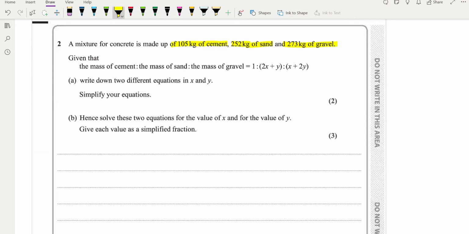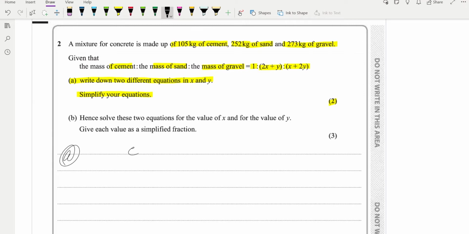Given that the mass of cement to mass of sand to mass of gravel is this ratio, the ratio is provided. Part A is to write down two different equations in x and y and simplify your equations. This is a 2-mark question.